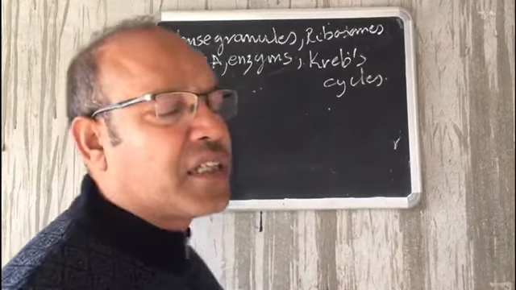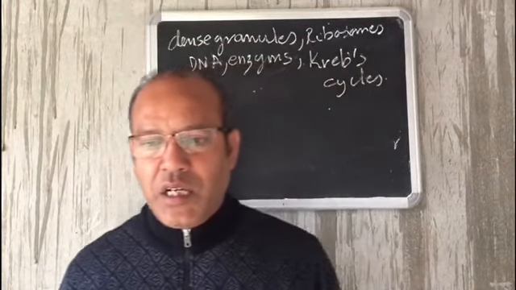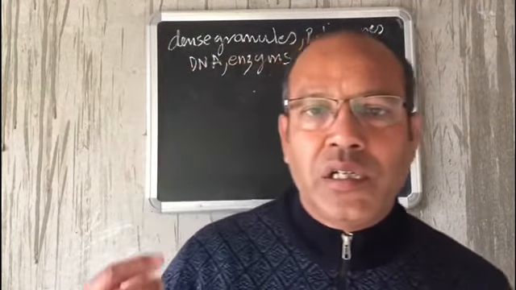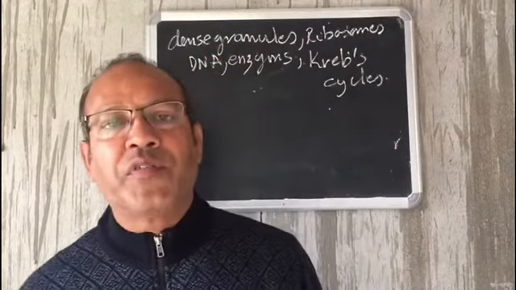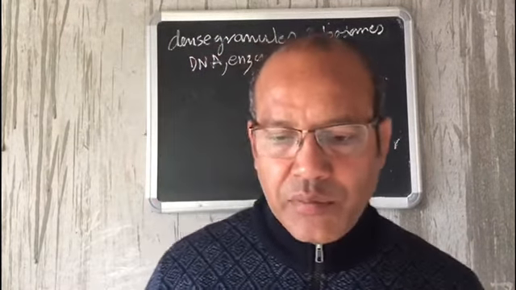This Krebs cycle is an aerobic process which takes place in the matrix with the help of several enzymes that are present in the matrix.